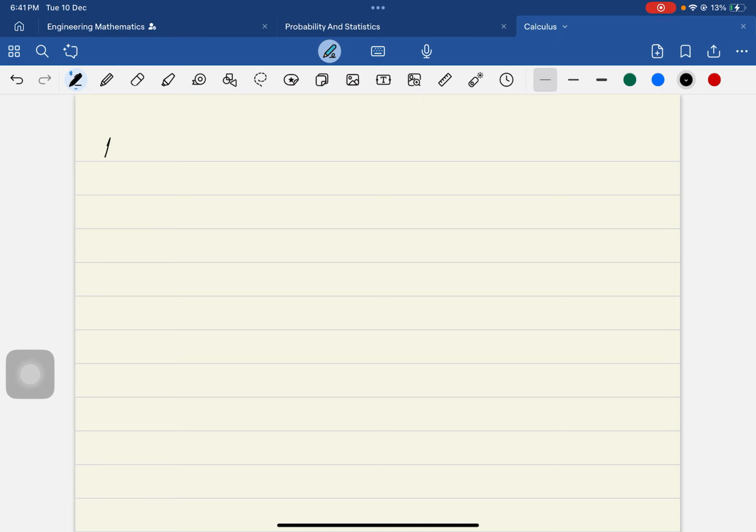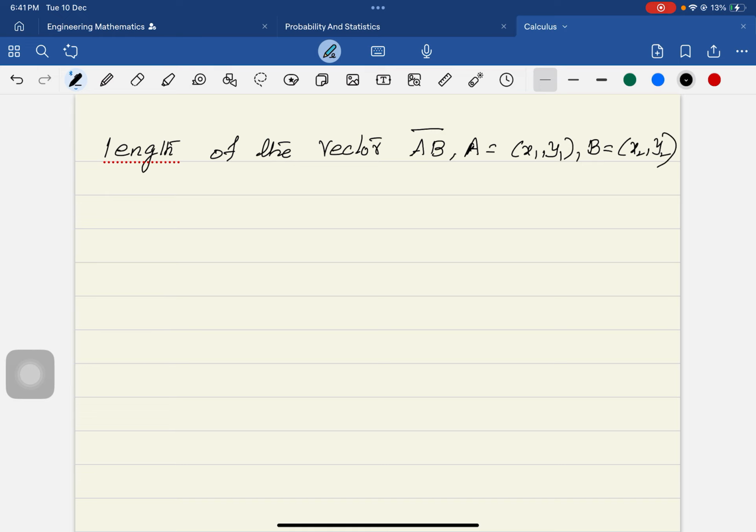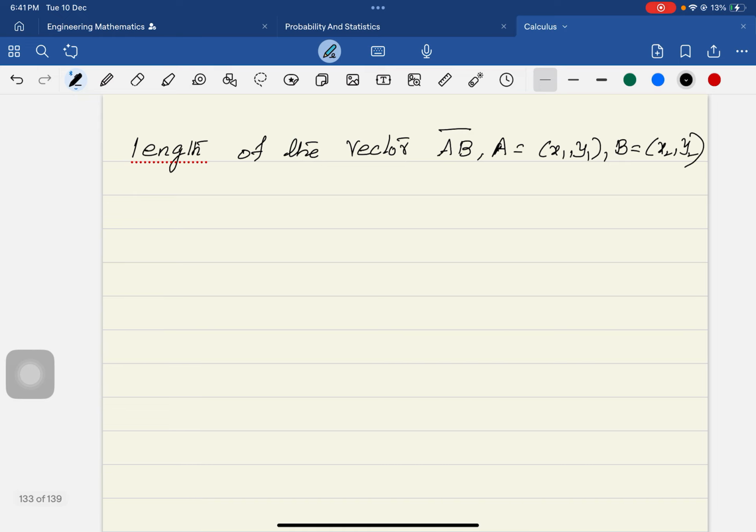So what is the length of the vector? The length of the vector or the line segment with direction is called the length of the vector AB, where A is equal to x1 comma y1 and B is equal to x2 comma y2, suppose. Then the length of the vector is given by the square root of x2 minus x1 the whole square plus y2 minus y1 the whole square.